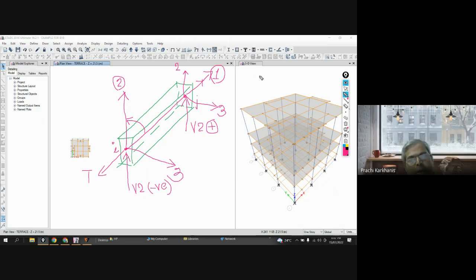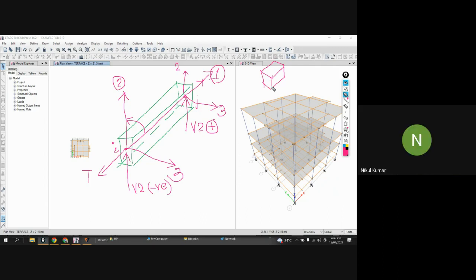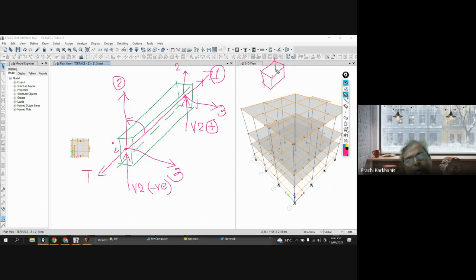That is why I have explained this. So you can recollect the positive axis, here positive was in this direction, positive was in this direction.